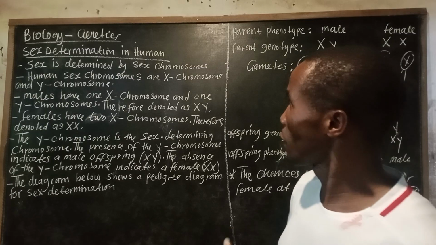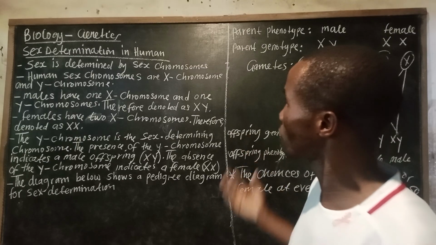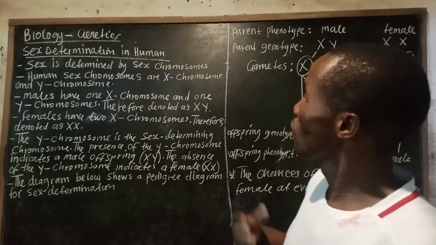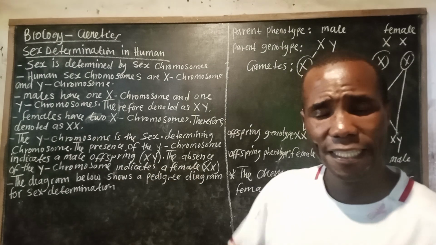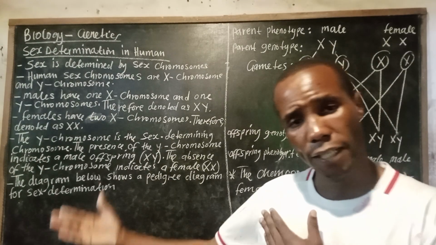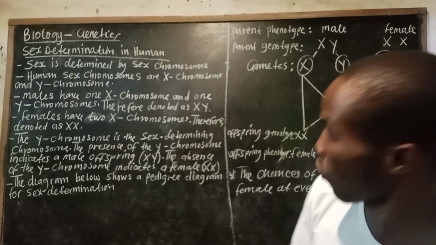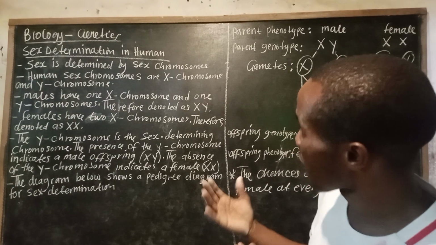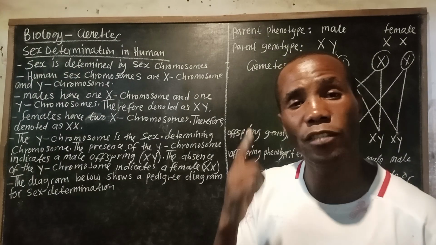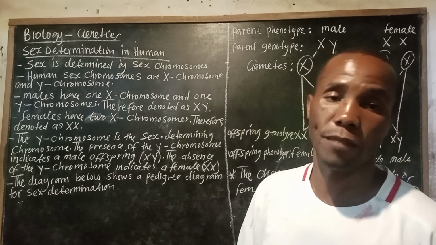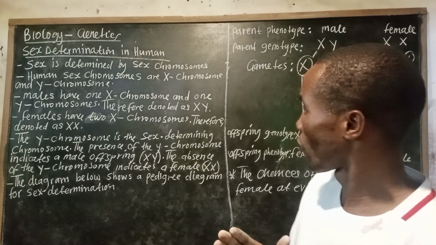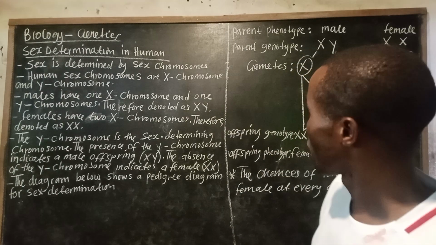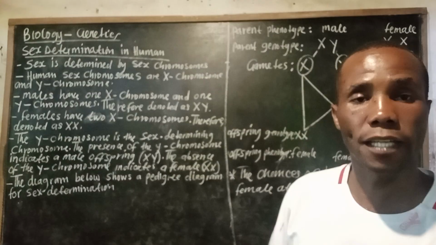The next point: human sex chromosomes are X chromosomes and Y chromosomes. Males have one X chromosome and one Y chromosome, therefore denoted as XY.